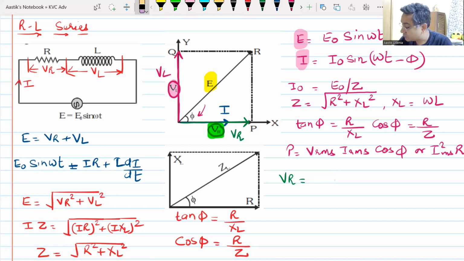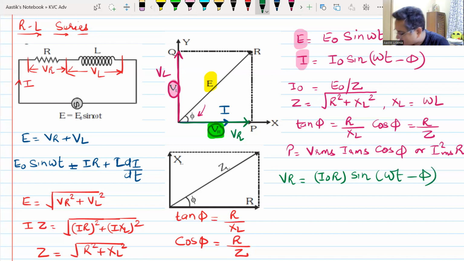VR will be equal to I naught multiplied by R. Instead of writing it this way, you can also write it as the peak value of voltage VR into sine of omega t minus phi. Do we understand this?